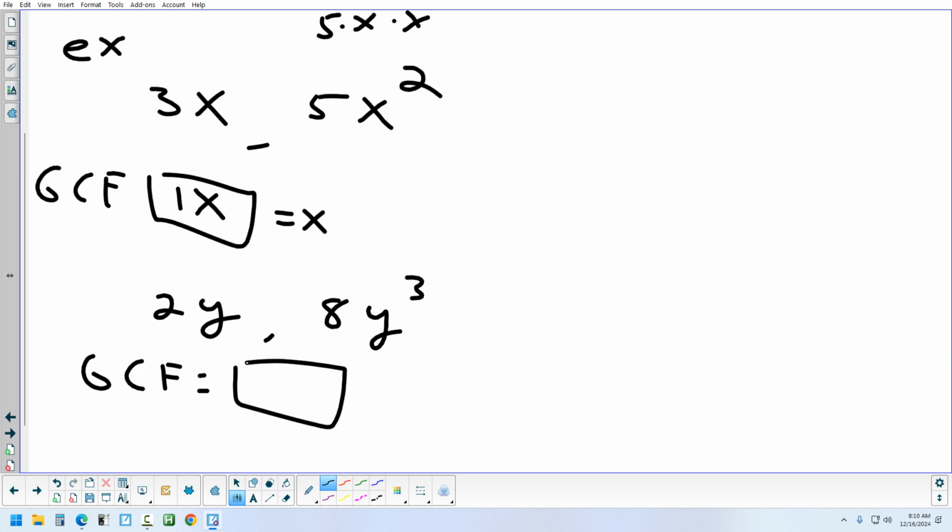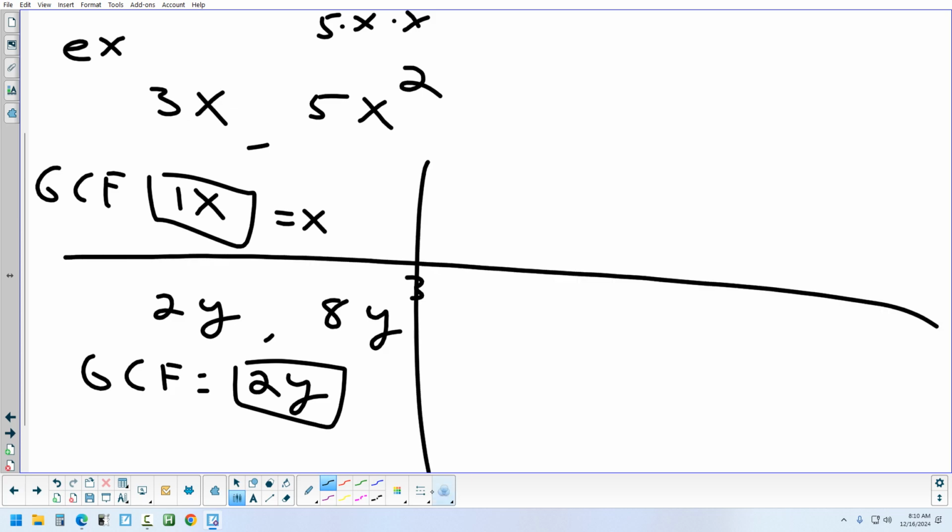Brady, do you see one? 2, yeah. So they both have a 2 in common. And then how many y's do they both have in common? Yeah, just 1 y. So that is the GCF.